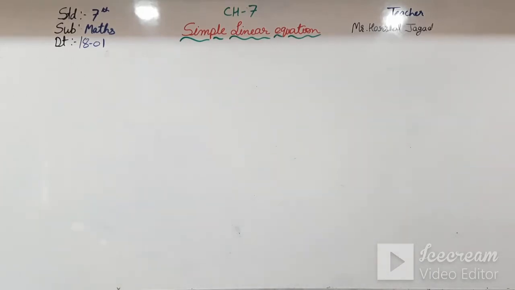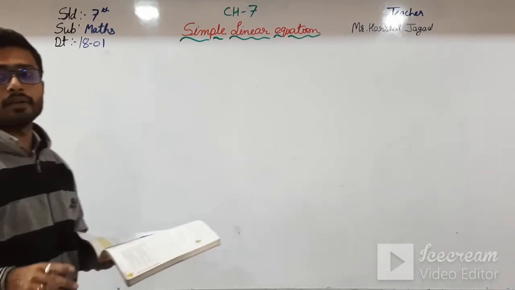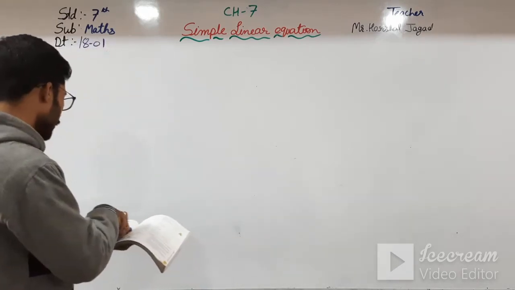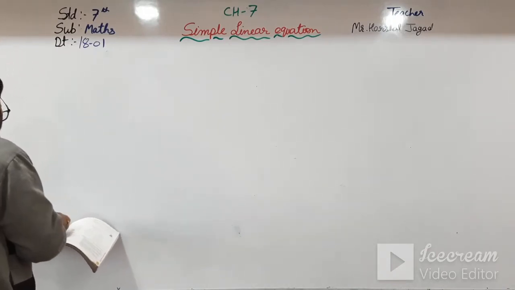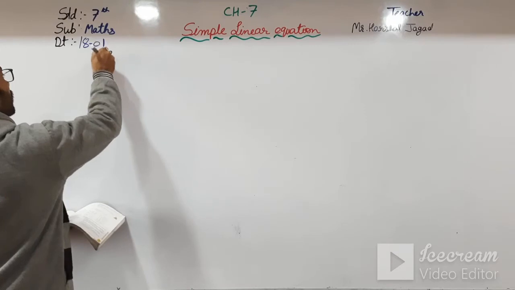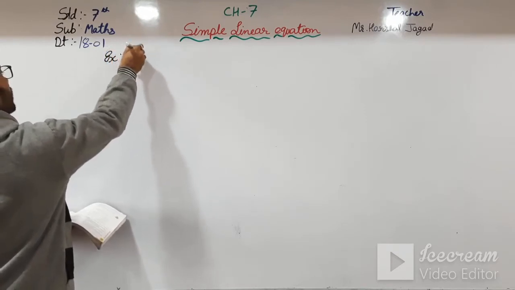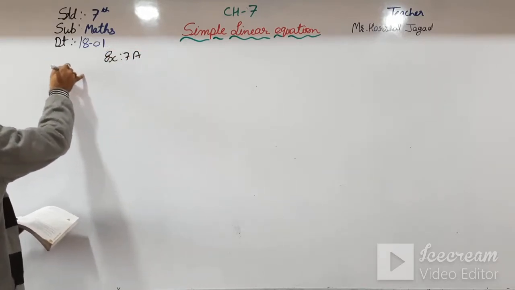Here, there are 12 examples given. From that, we will solve any 6, and the others you have to solve in your homework. That is exercise 7a, question number 1.